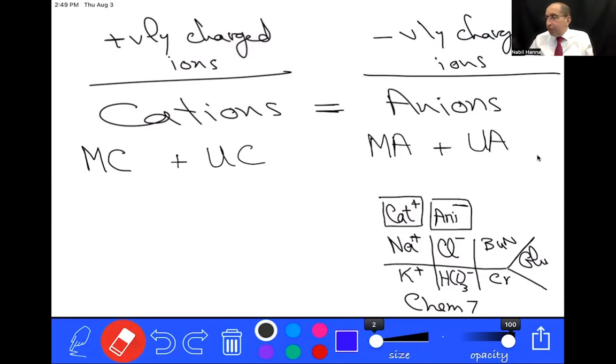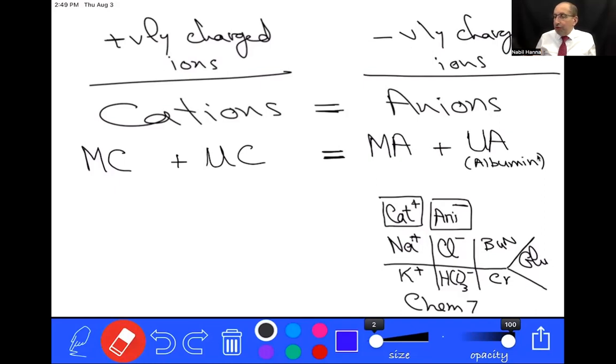The most important unmeasured anion, unmeasured in Chem7, unmeasured in this fishbone panel, is albumin. Albumin is negatively charged. And these two should equal each other. So let's make a simple trick.